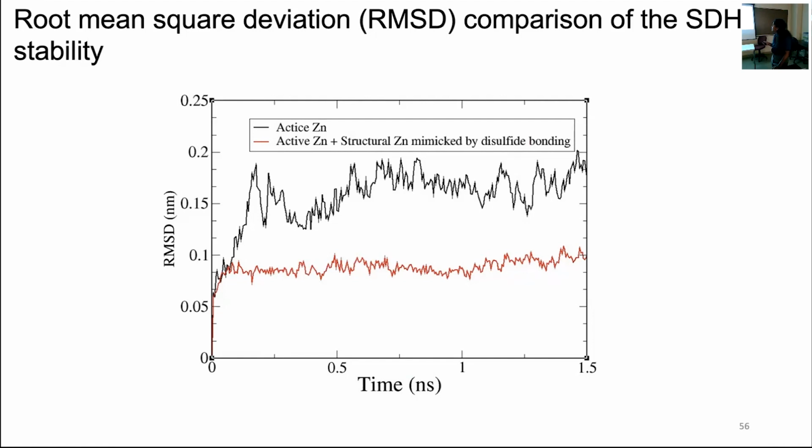In the presence of active site zinc only, the stability of the enzyme is lower. But when you have both the structural zinc as well as the active site zinc bound, the stability of the enzyme is increased, which further supports our previous experimental data that showed that the structural zinc binding site gives functional as well as structural stability to the enzyme.